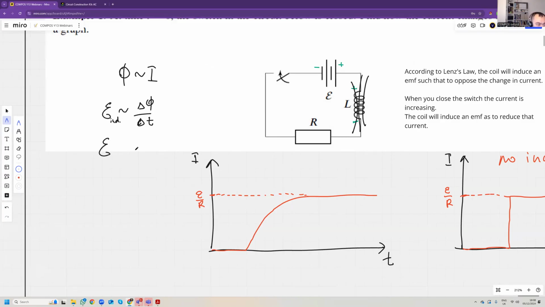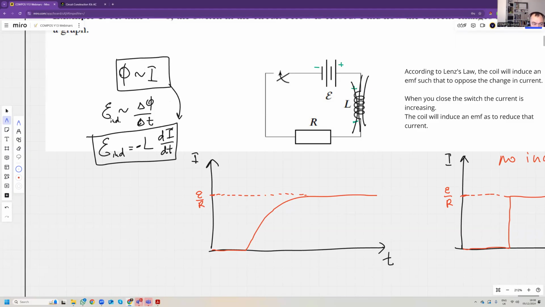As a matter of fact, the induced EMF is L di/dt with a minus. The induced voltage in a coil is proportional to the rate of change of current. And if flux is proportional to current, that actually makes sense. So this is proportional to d phi dt.